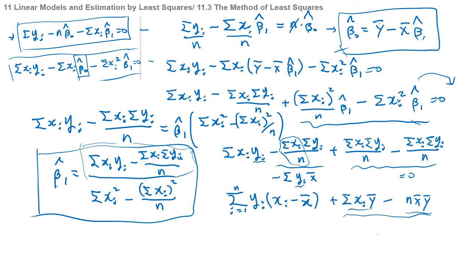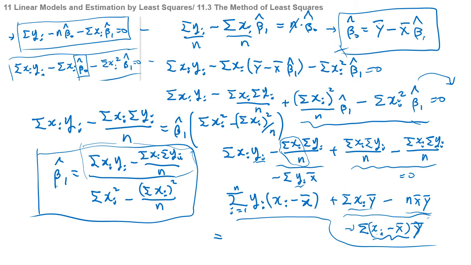And for this part we can put y bar outside. Then what we can do is integrate sum of xi minus x bar. We can write it this way. And actually we can put y bar inside; they are the same. So this part we can write this way.